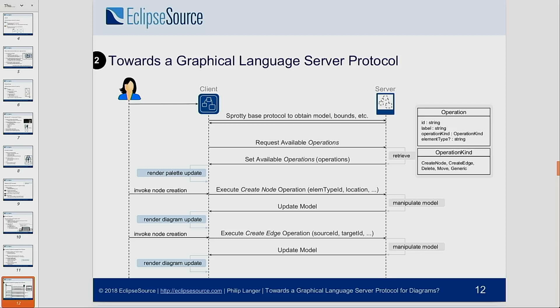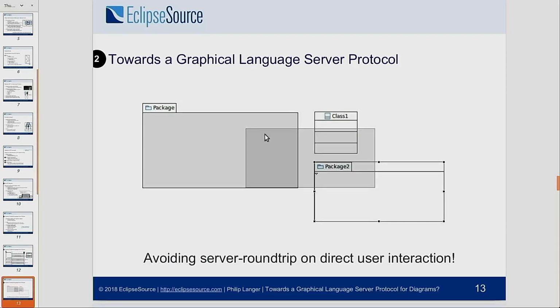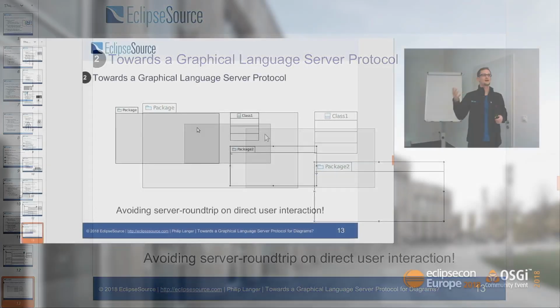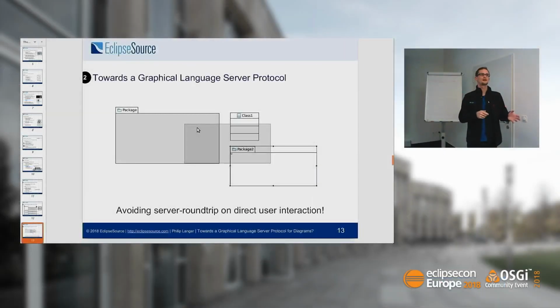And the same can be done for connections. However, I mentioned before that we really want to avoid server round trips. For instance, think of when you want to move an element. It really depends on the language whether you can move one element into another. For instance, if you have a package and you start dragging it, you can move the package into another package, becoming then a sub-package, but you can't do that for a class.